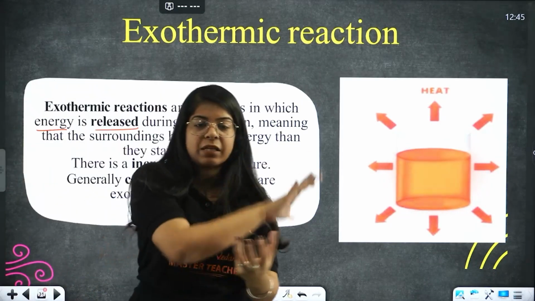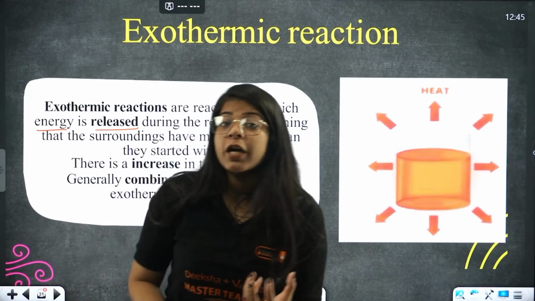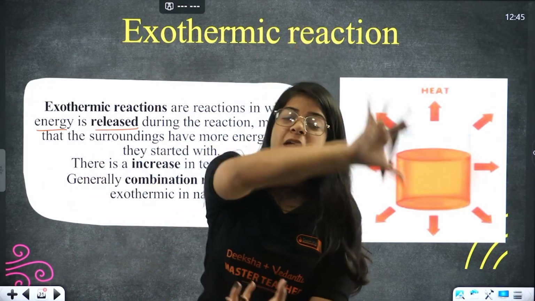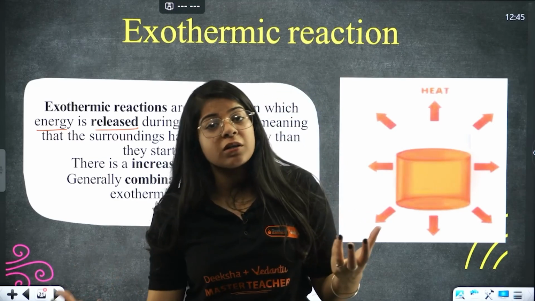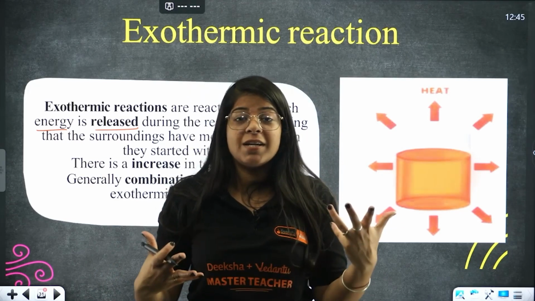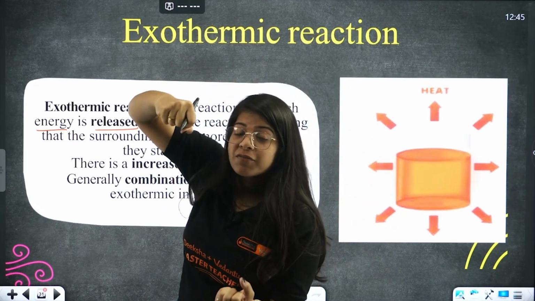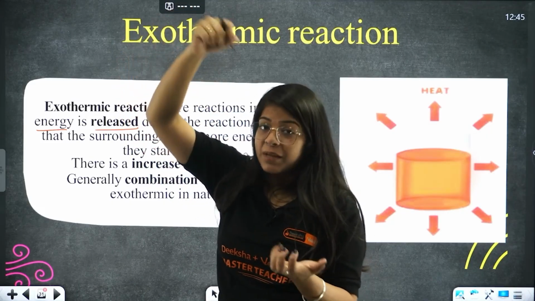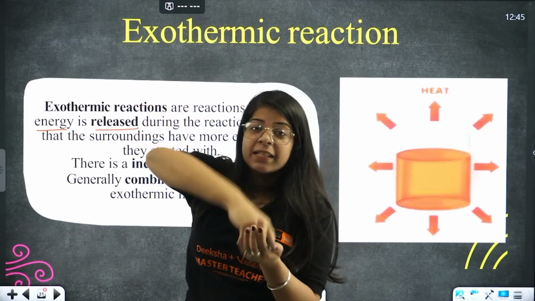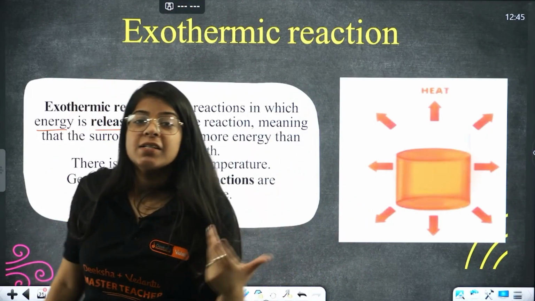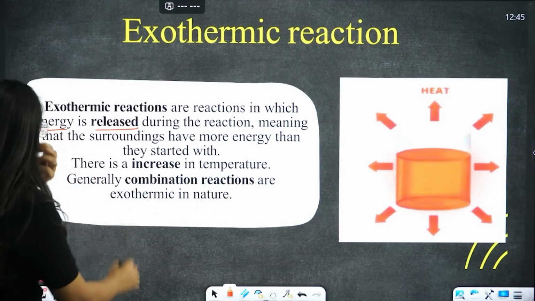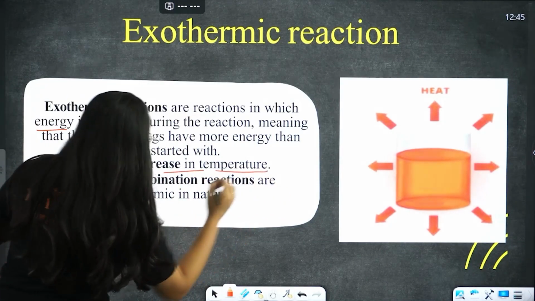If I put a beaker, the area around the beaker will get hot if it's an exothermic reaction. So the temperature of surroundings will increase. That means heat is getting out, and there is an increase in temperature.